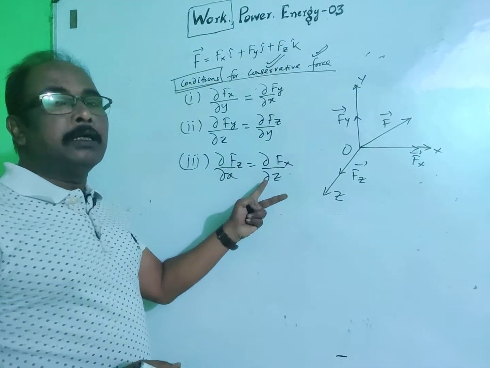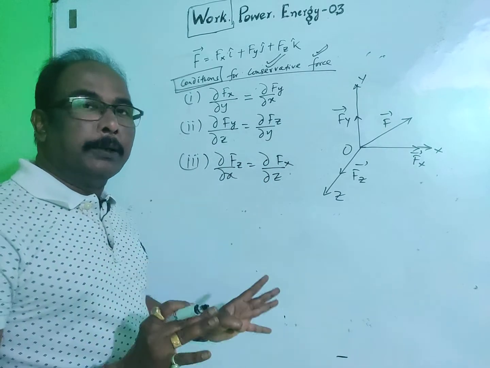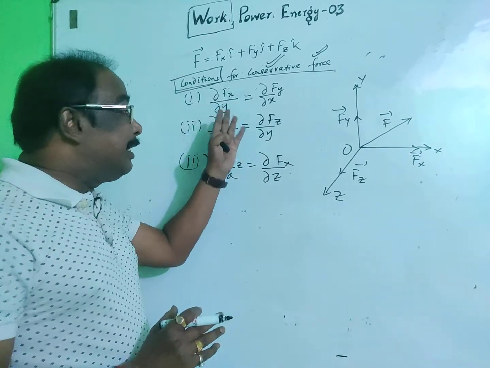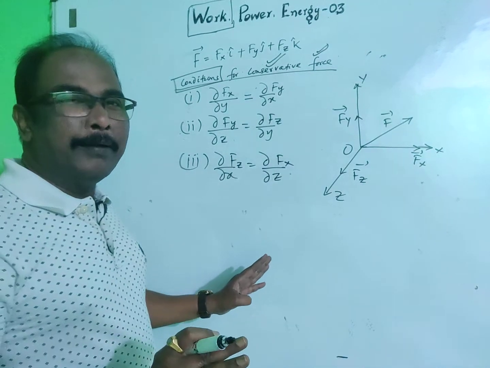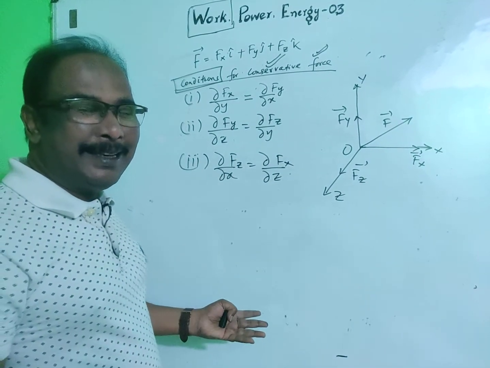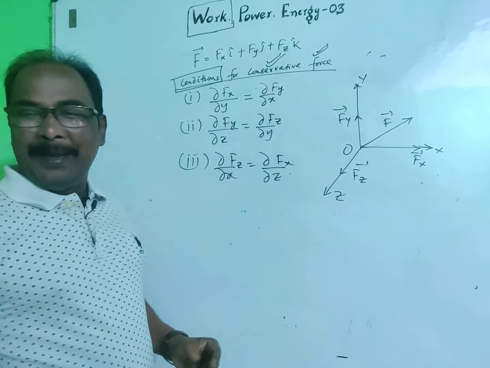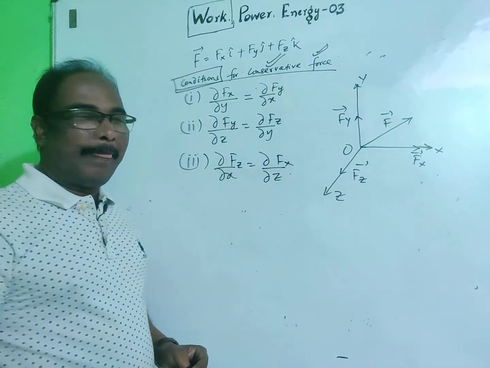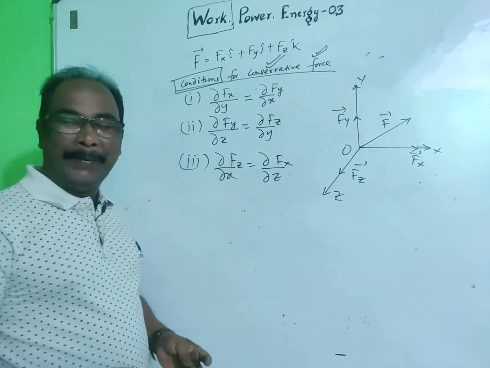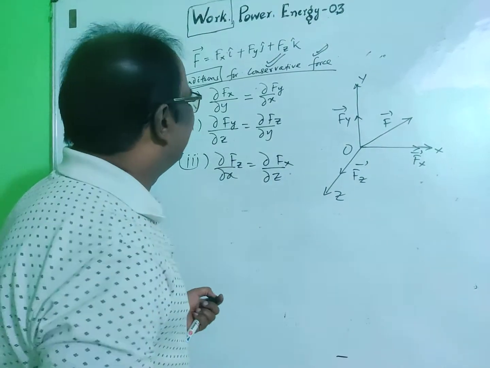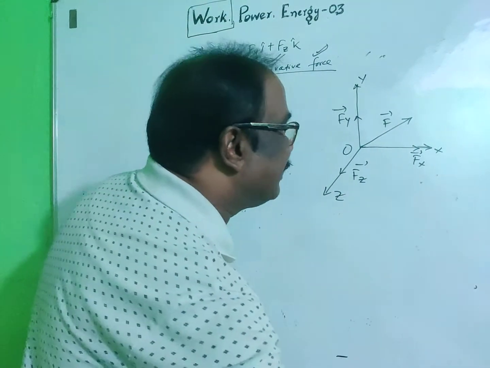If these conditions are satisfied, then the force is conservative. If these conditions are not satisfied, then the force is non-conservative. Keep it. Have you taken this? Okay. These are the conditions for conservative force.